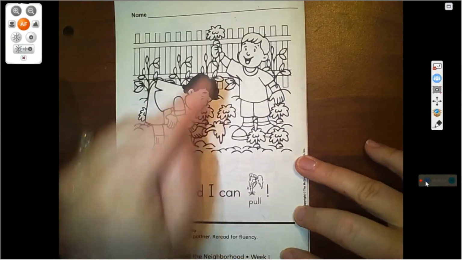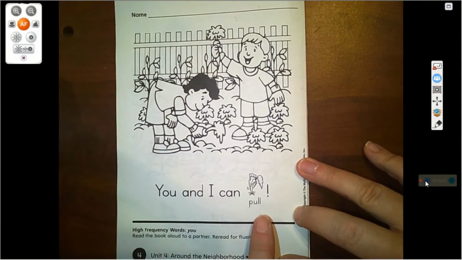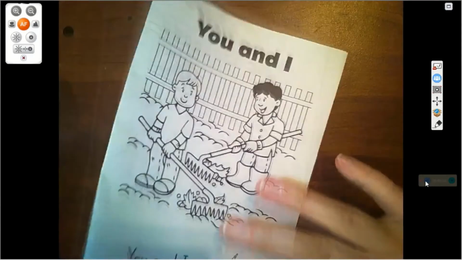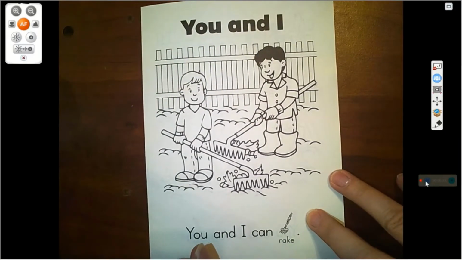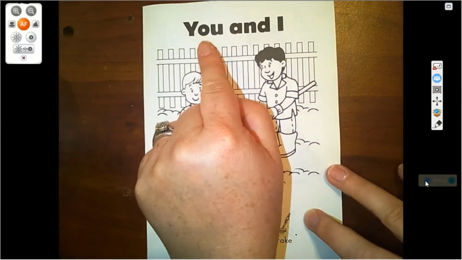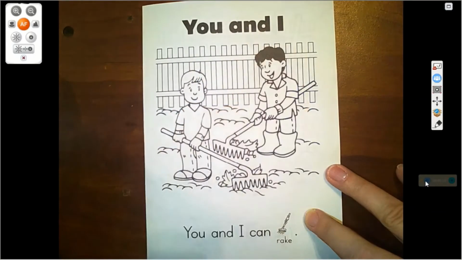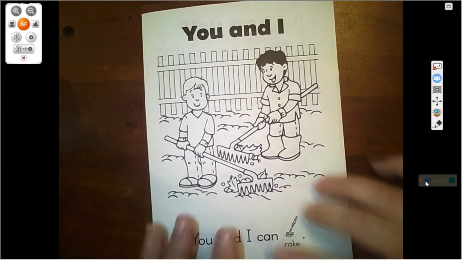And then what did he do with this carrot? He grabbed hold of it when he was in the ground and he gave it a pull. This word is pull. Okay, let's read this. You follow along as I read it. Ready? You and I. You and I can rake.